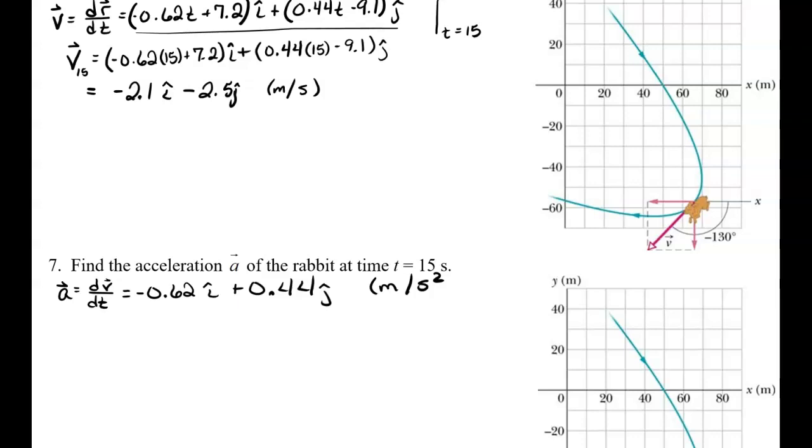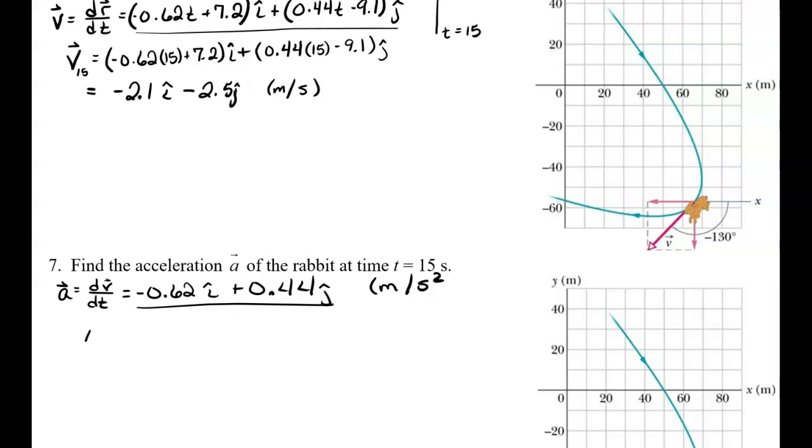So we could find the magnitude, we could find the acceleration. At 15 seconds it is not changing, so that acceleration is going to be uniform. As weird as it sounds, that is uniform acceleration. And I could even find the angle at which that acceleration happens.